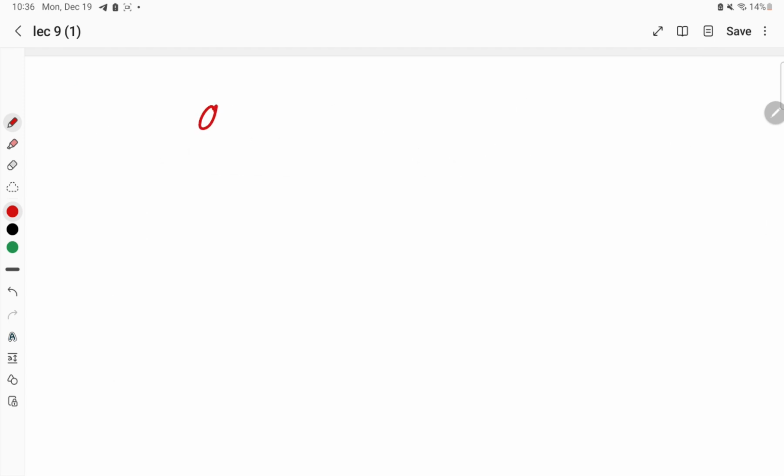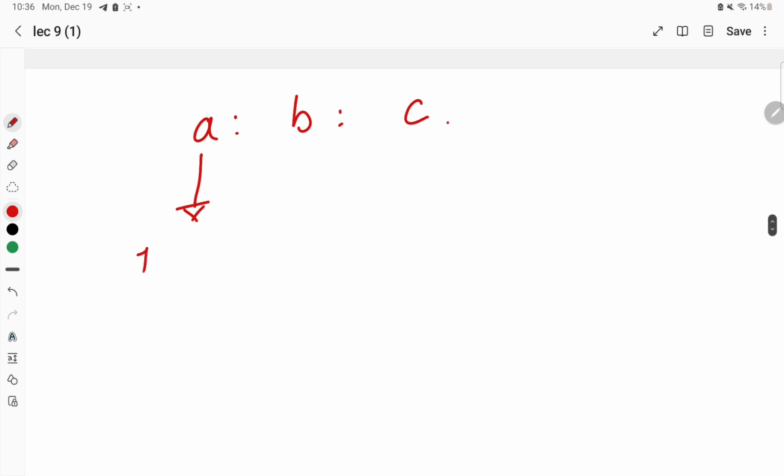Suppose I have given you A is to B is to C. Okay, so in this particular ratio, in any given ratio, the first value is called the first proportional.